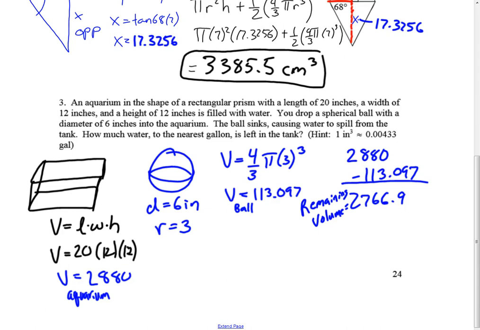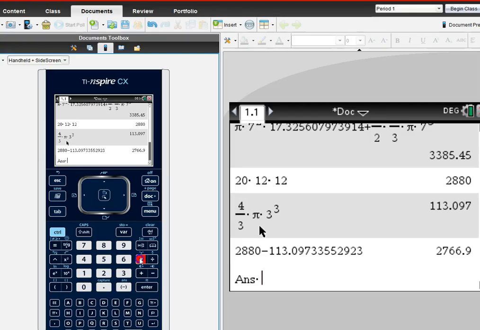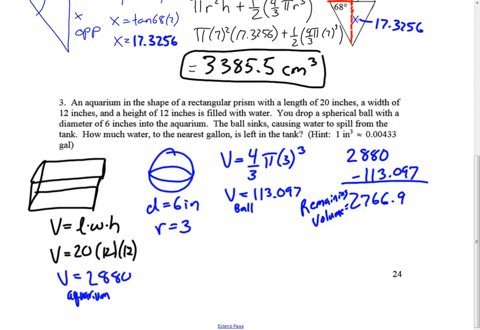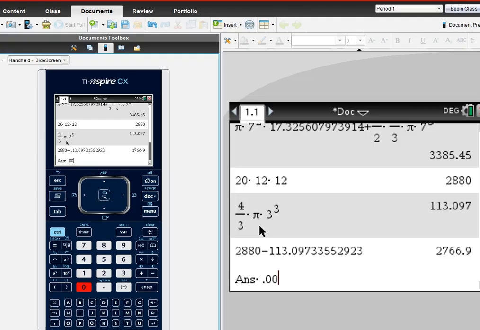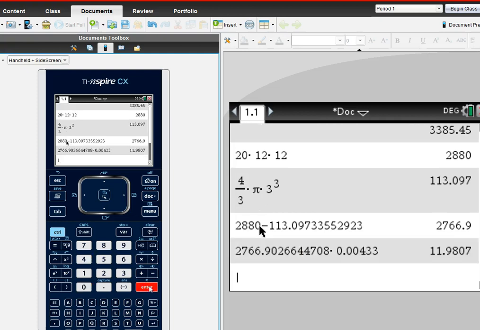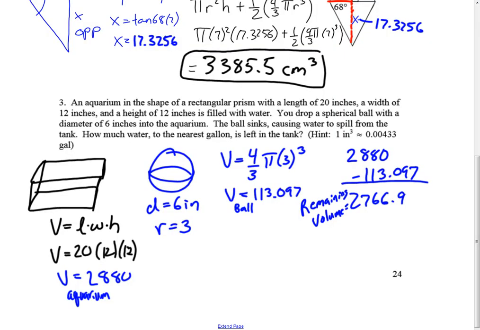So we take that number and multiply it by 0.00433. We get 11.98 gallons, so to the nearest gallon, 12 gallons remain.